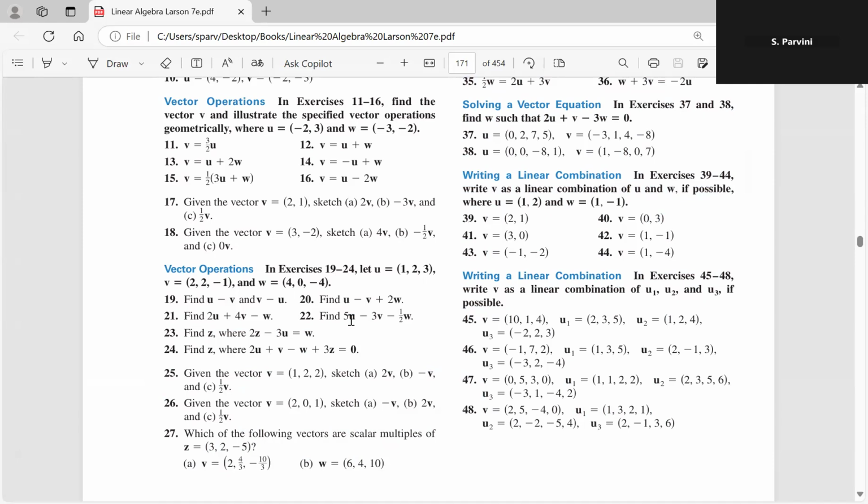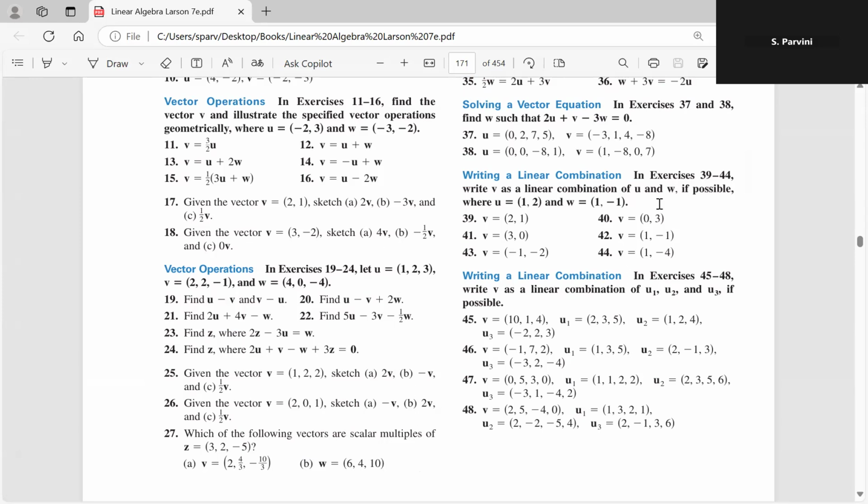And the question reads, find 5u, negative 3v, and negative 1/2 w. So we're going to do exactly what the question is asking.